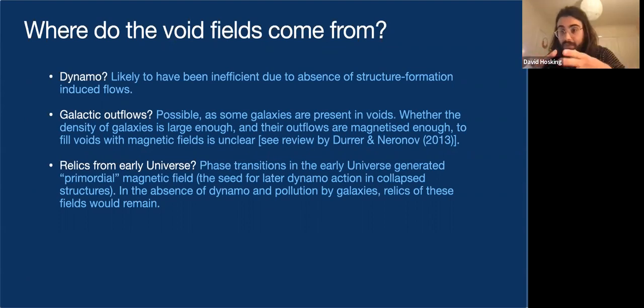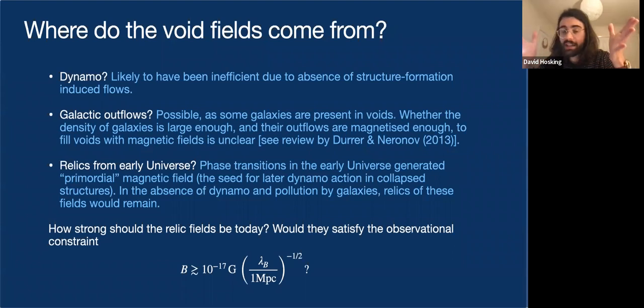Now, in the absence of dynamo and pollution by galaxies, the relics of those primordial fields should in principle remain within the voids. And so that invites the question, how strong should those relic fields be today? And would they satisfy that observational constraint?